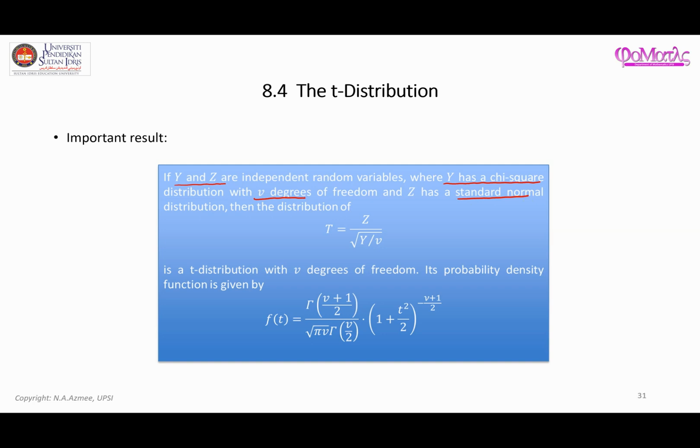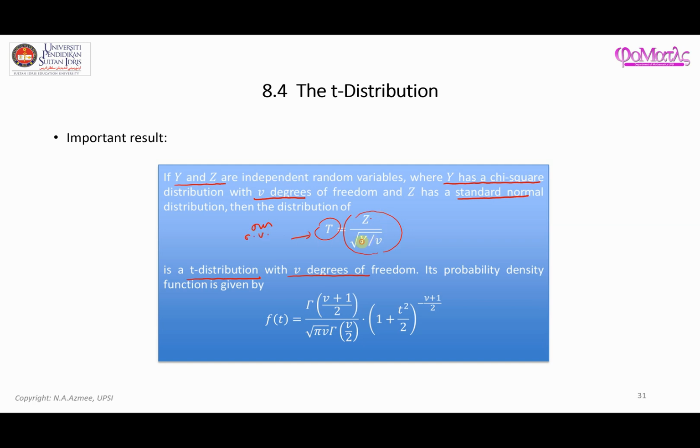When you combine Y and Z in this manner, Z over the square root of Y divided by its degrees of freedom, the result, for simplicity, you can call T. T here is going to have a t-distribution with v degrees of freedom.